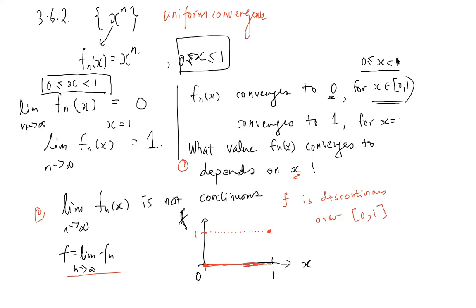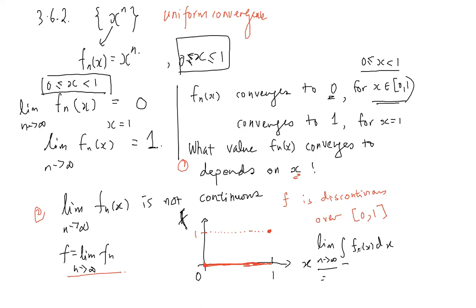Once this property is found to be present, there are a lot of things you can do. Some of the things you can do will be something like this. You may have come across it. You take a limit of some integral. You have a limit operation and an integration operation.